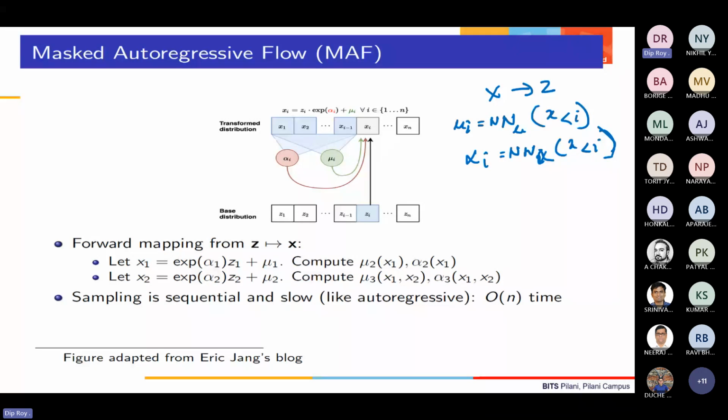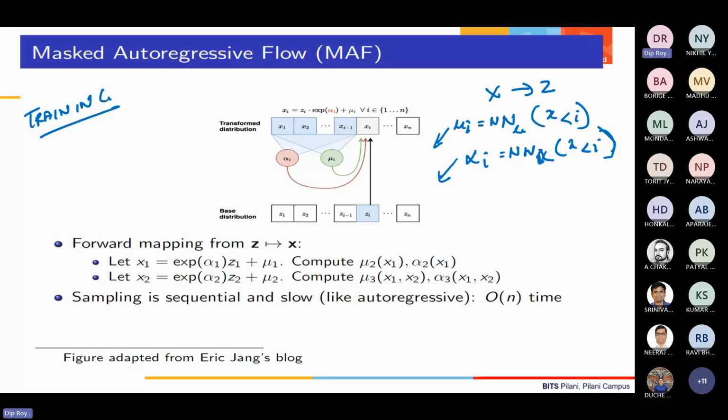What happens here is, during training of the model, we know all our X's. So we can compute all the mu's and the alphas together. It's a parallel computation.